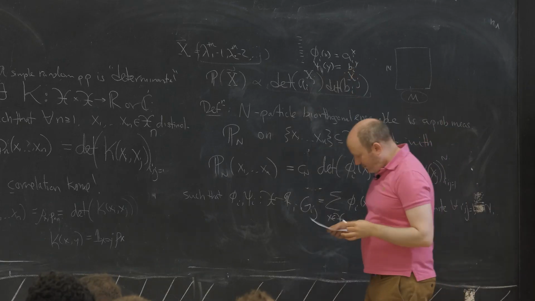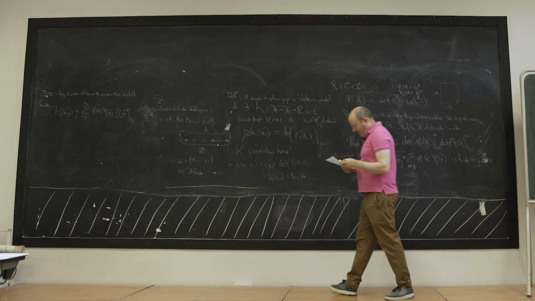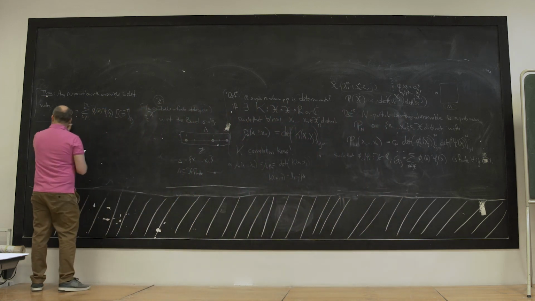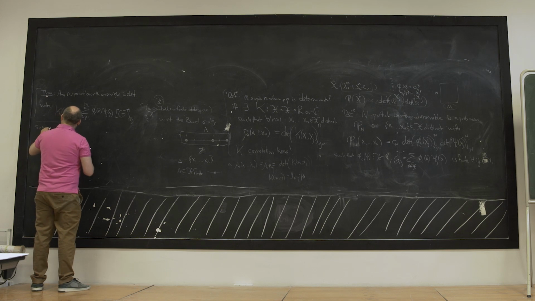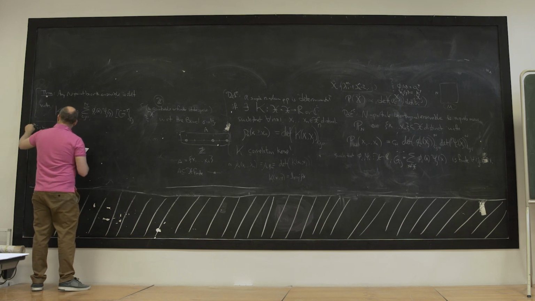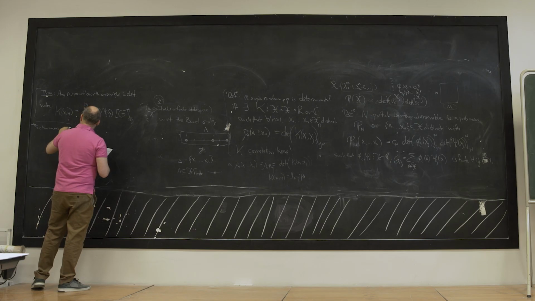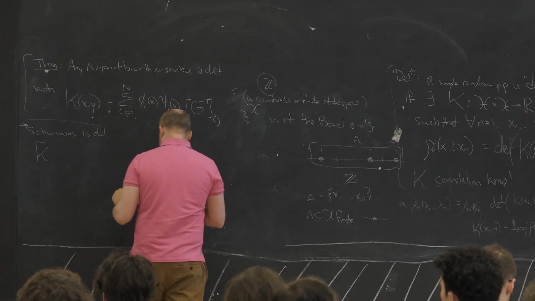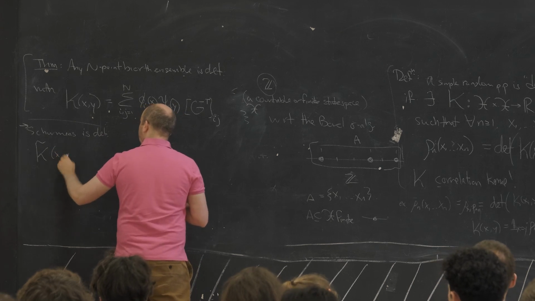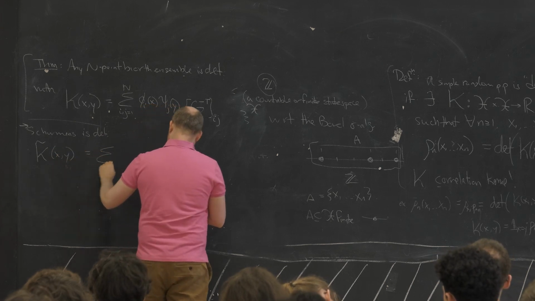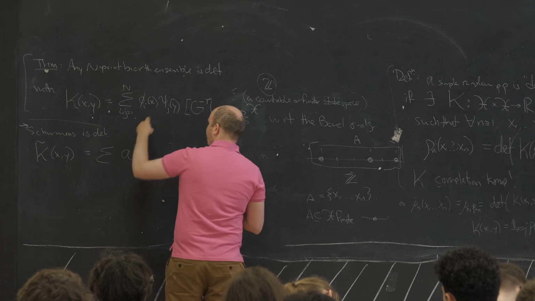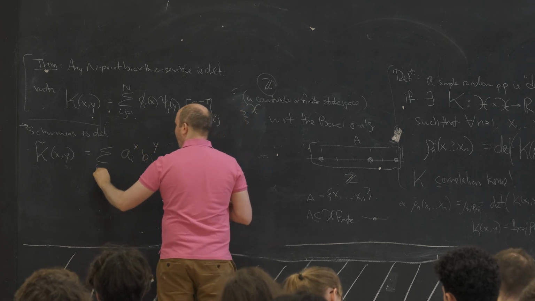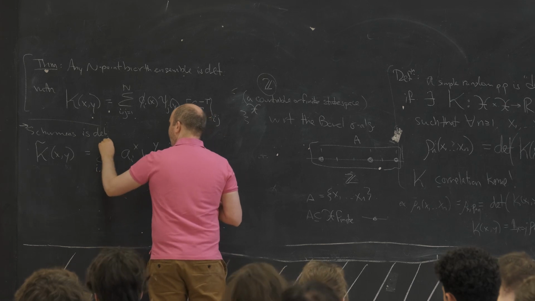Now, that tells you exactly what the kernel is for the Schur measure. So it follows that the Schur measure is determinantal, and its correlation kernel, which I'll write as K tilde for the moment, is given exactly by a_i to the x, b_j to the y, summed i equals 1 to n.